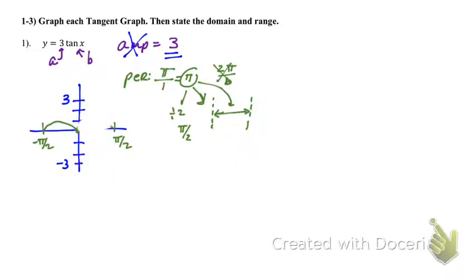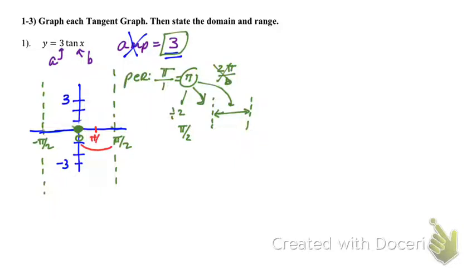What's going to happen at pi over 2 and negative pi over 2? That's where your asymptotes are going to be. Now, if you remember in your chart, you can look back to your activity, when we did the tangent of 0, that's when we got an answer of 0. So the origin, 0, 0, is part of our graph. Now, how does this 3 come into play? Well, what's in the middle of 0 and pi over 2?